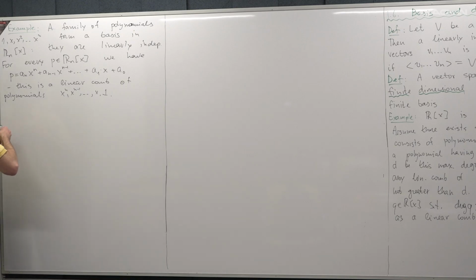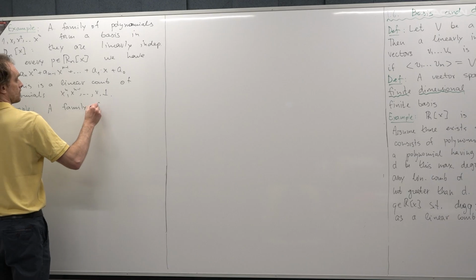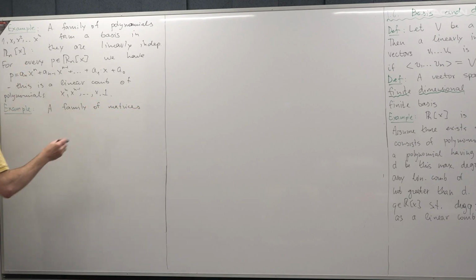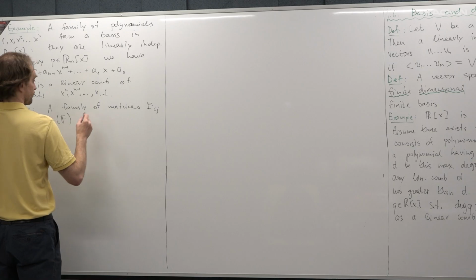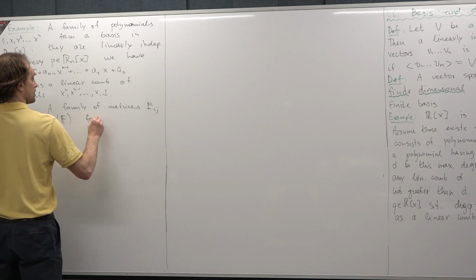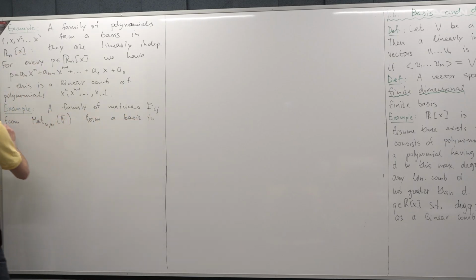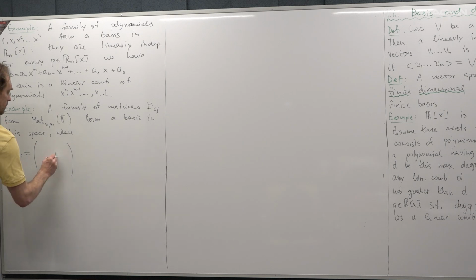And in the same way, a family of matrices E sub ij from the space of matrices with n rows and m columns, and entries from some field, form a basis in this space, where E sub ij is the matrix such that it has just one non-zero element at the ith, jth position. So this is 1.